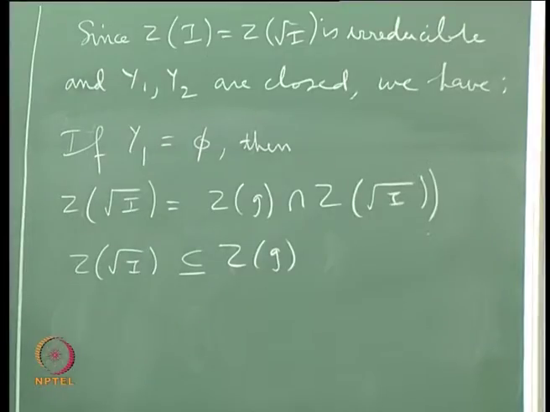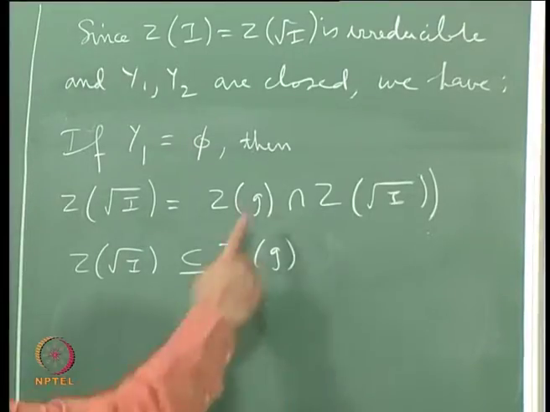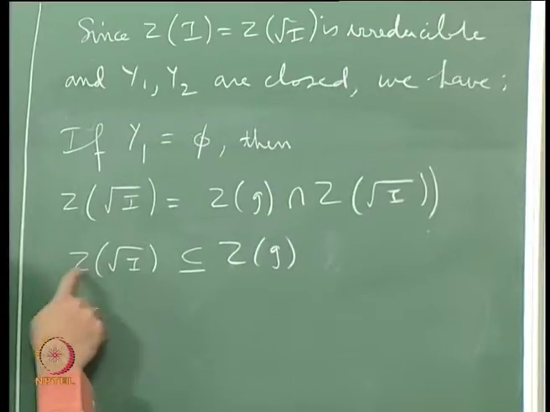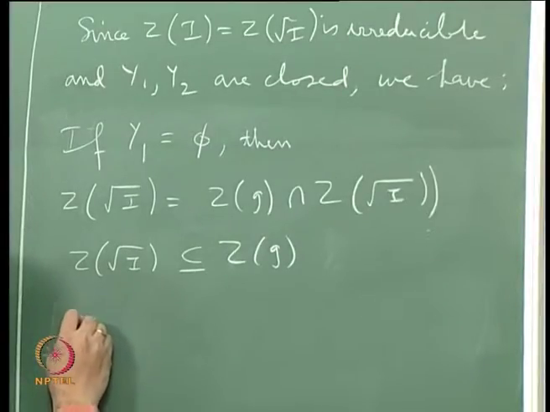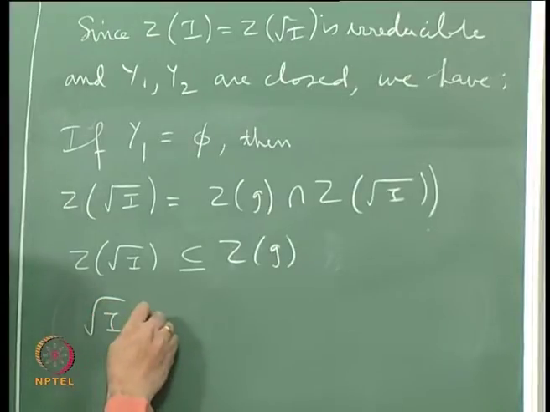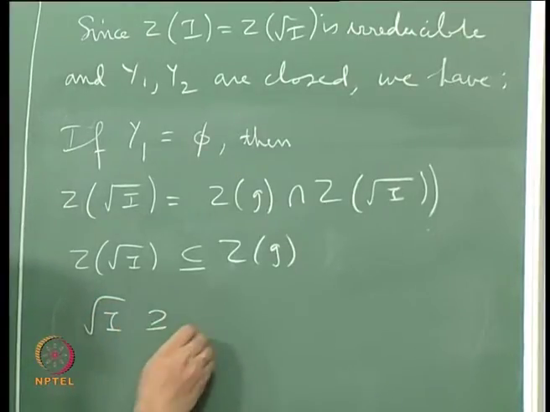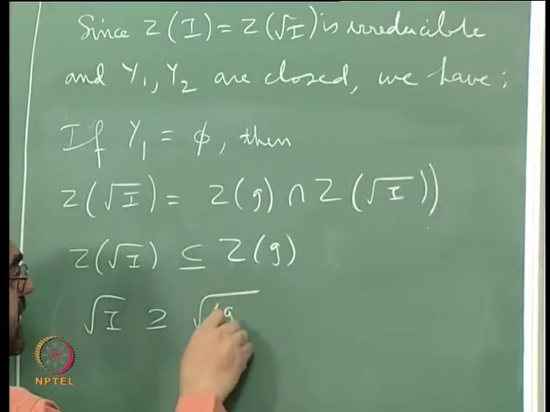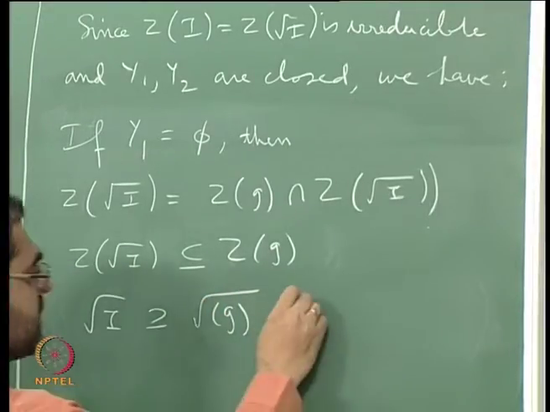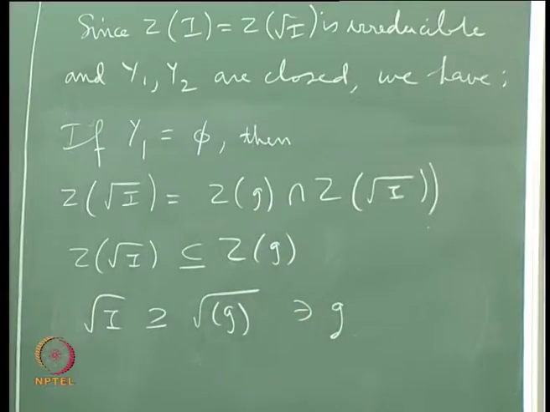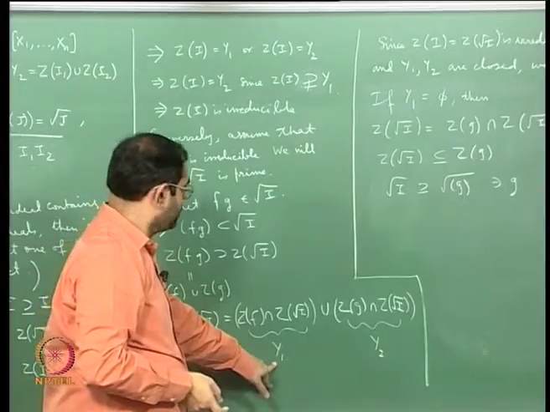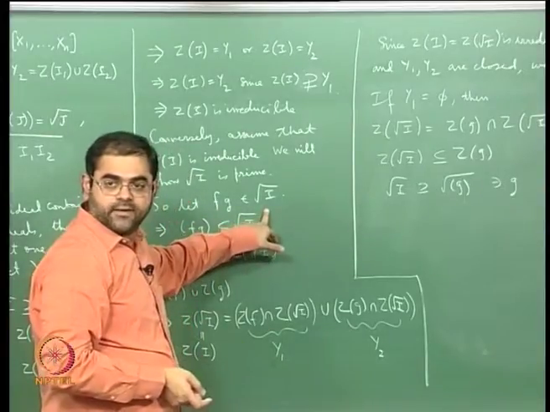Now you apply I: I of Z of the radical is just the radical, which contains I of Z of g, which is the radical of the ideal generated by g, to which g belongs. So if Y1 is empty, you get g is in the radical.